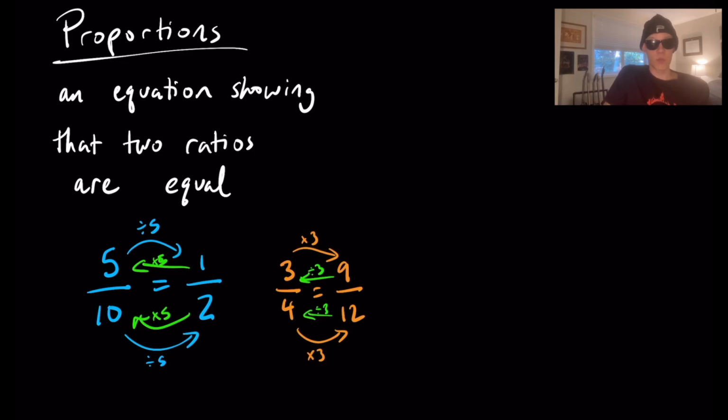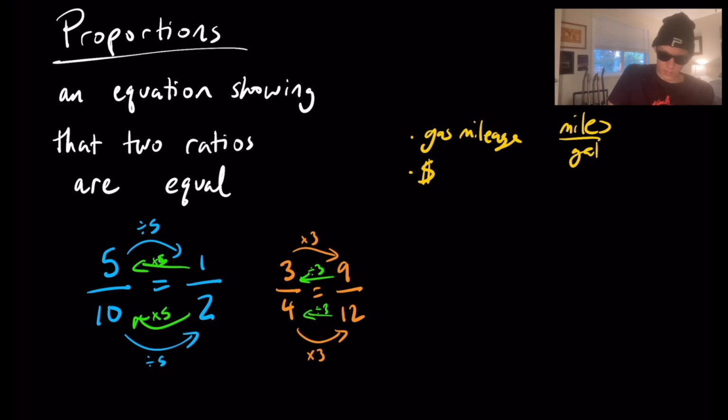So a few instances where you'll see proportions would be things like gas mileage for a car, right? That's an expression of miles per gallon. We might look at a question that involves that. We talk about money, right?